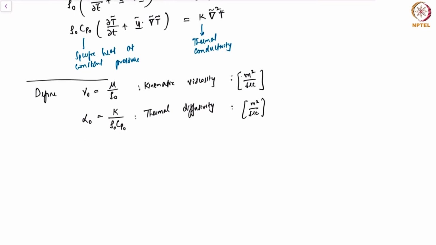Okay, so now we can immediately define a new parameter called the Prandtl number. Ludwig Prandtl was the creator of boundary layer theory. He's also called the father of modern fluid mechanics, and so the Prandtl number essentially would be nu naught by alpha naught.